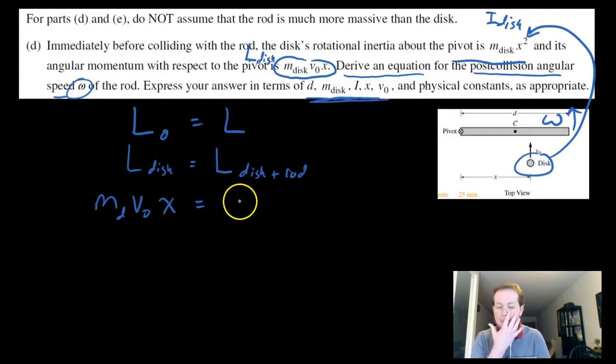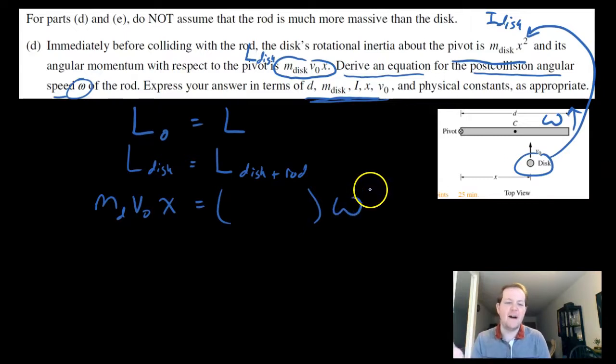Now I've got to combine these two things. And remember, I combine their inertias and multiply that by the final angular velocity. So I add the rotational inertias of the two things and I multiply that by omega, because remember, L is equal to I omega just in general.